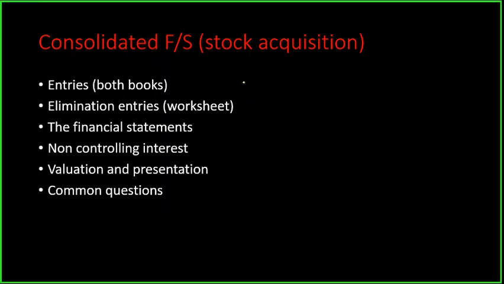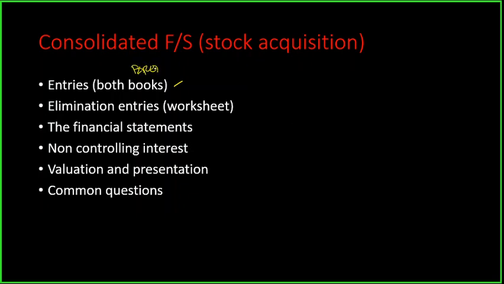In the process of our discussion, we'll be talking about the entries that are necessary in the books of the parent and subsidiary. Actually, this part is easy because in the books of the subsidiary, there are no entries made most of the time. During acquisition, the entries will be found in the books of the parent.